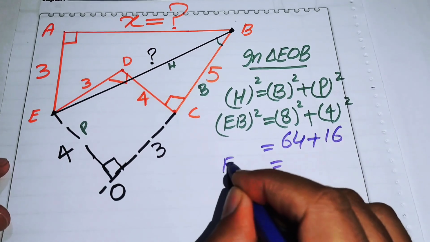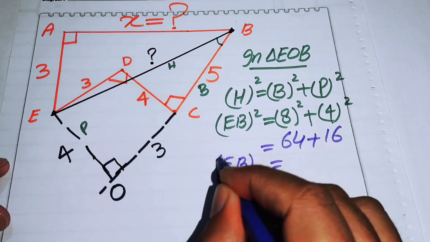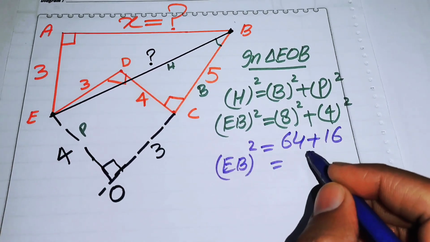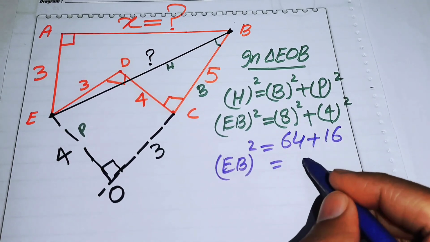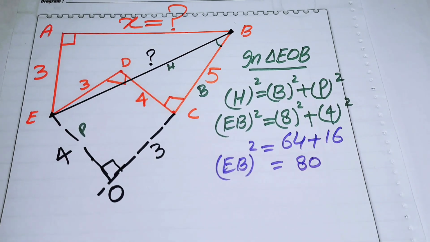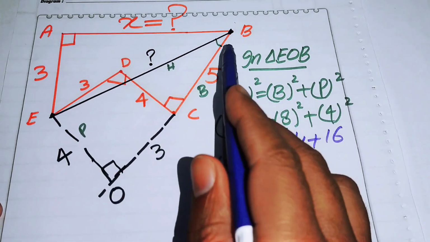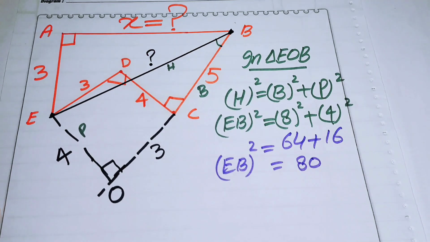So EB square equals 64 plus 16, which equals 80.